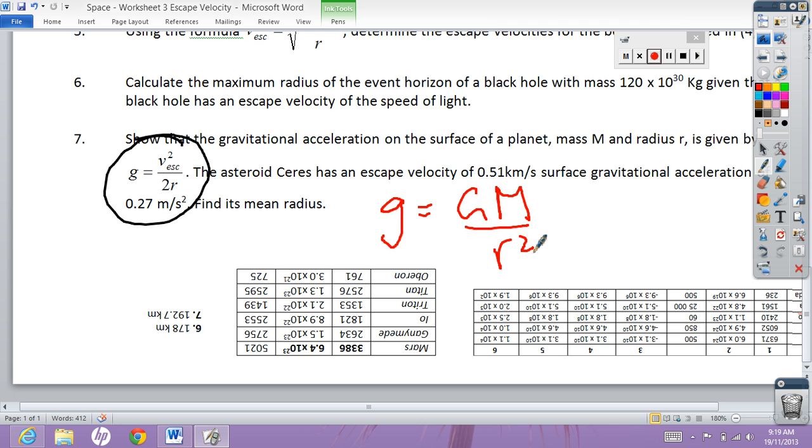So this is asking us to do a small bit of algebraic manipulation. We're going to show that this and that are the same when we use the formula for v squared. So I'm going to start with what we are given.